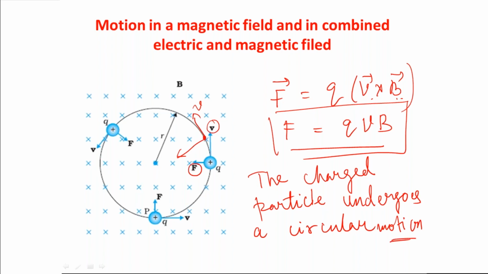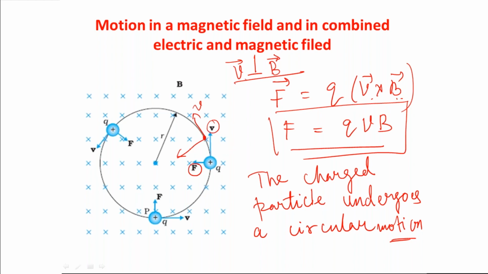Okay, so at what condition? When the charged particle is moving perpendicular to the direction of the magnetic field. Okay, at that condition the trajectory of the charged particle will be a circle. The trajectory of the charged particle will be a circle.